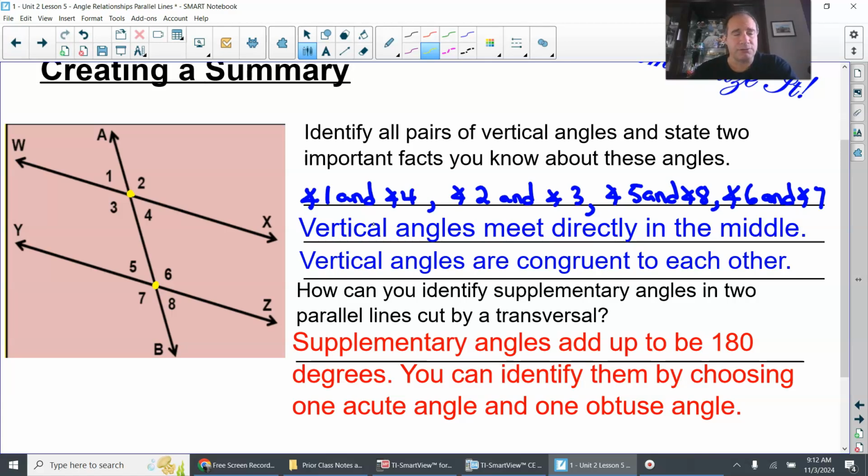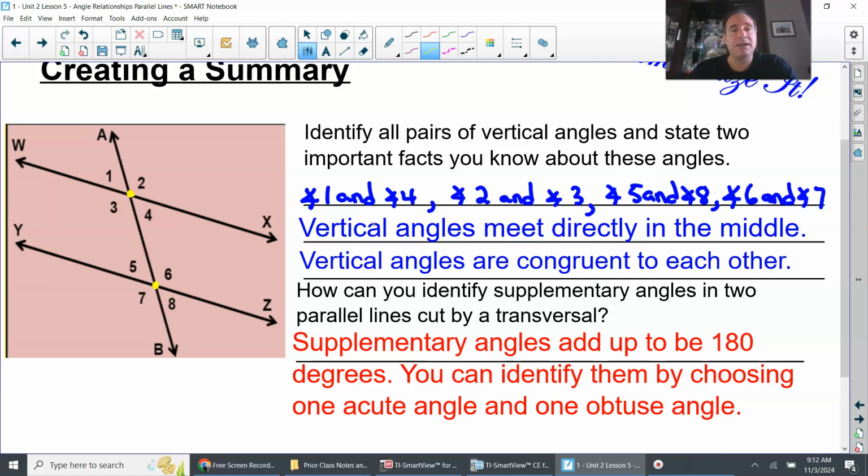And then how can you identify supplementary angles in 2 parallel lines? Well, remember, you're picking an obtuse and one acute angle. Do not pick the same. They add up to be 180 degrees. They should be in a straight line, but there are some that are not directly next to each other.